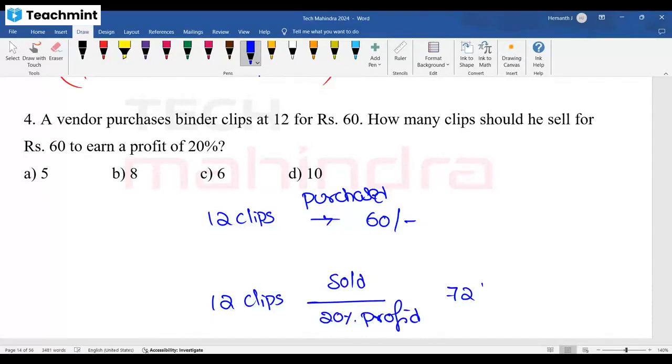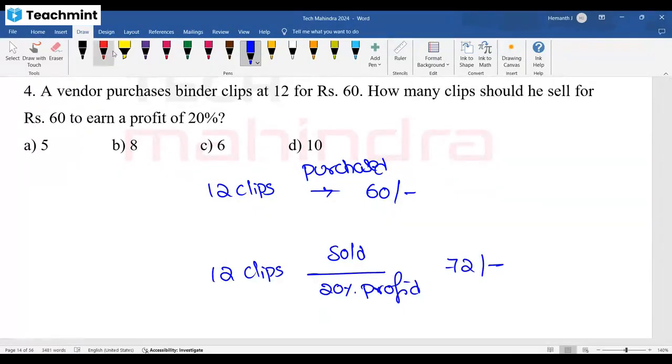Now see, simpler. Why 72? 120% of 60, 120% because 20% profit, or 60 plus 10% is 6, 20% means 12. We got 72 anyhow.